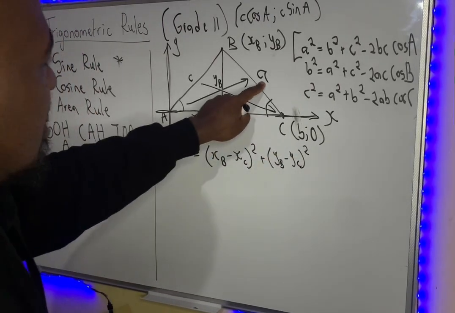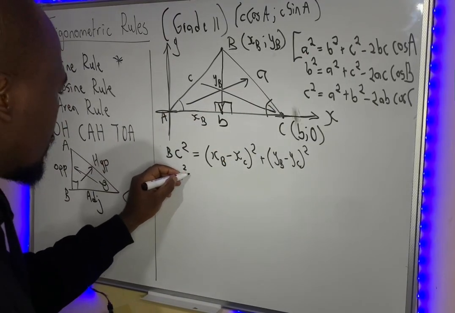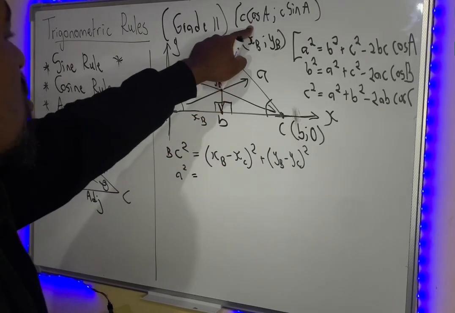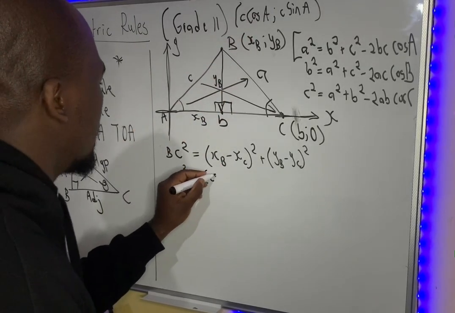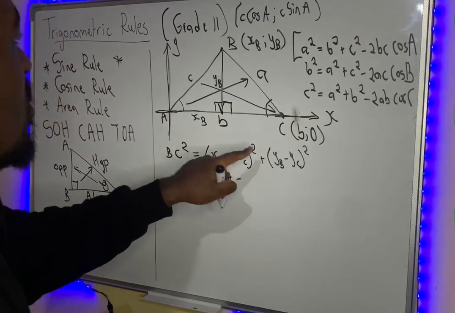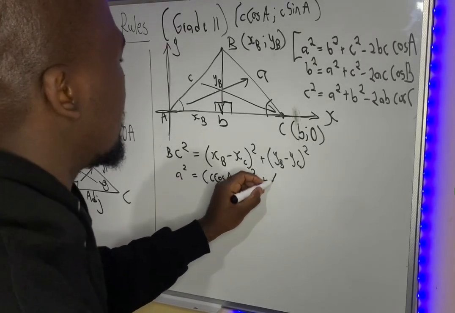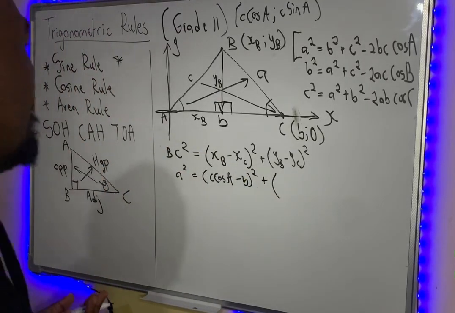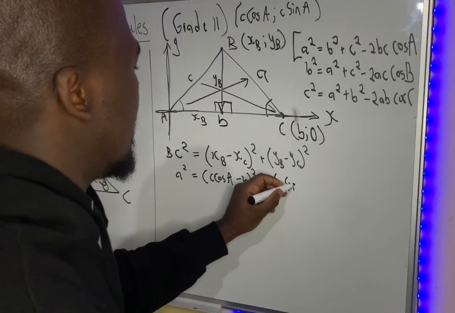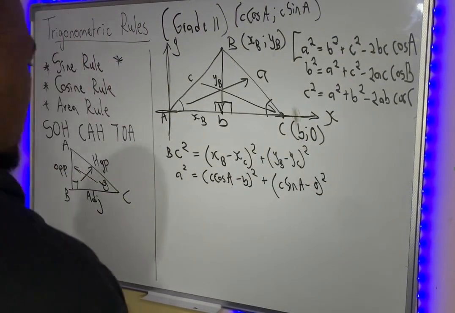BC squared is represented as A. So we're going to follow that and put A squared here, which is equal to, this is our XB. Our XB, we said it's C cos A, so we're going to put C cos A here, minus XC. We can simply see that our XC is B here. We're going to put B squared plus. Now, YB is going to be our C sine A here, then minus the 0, which is this one here.